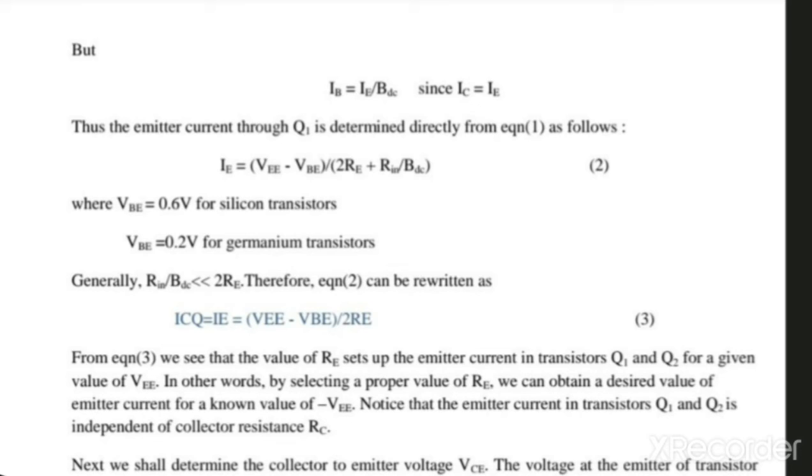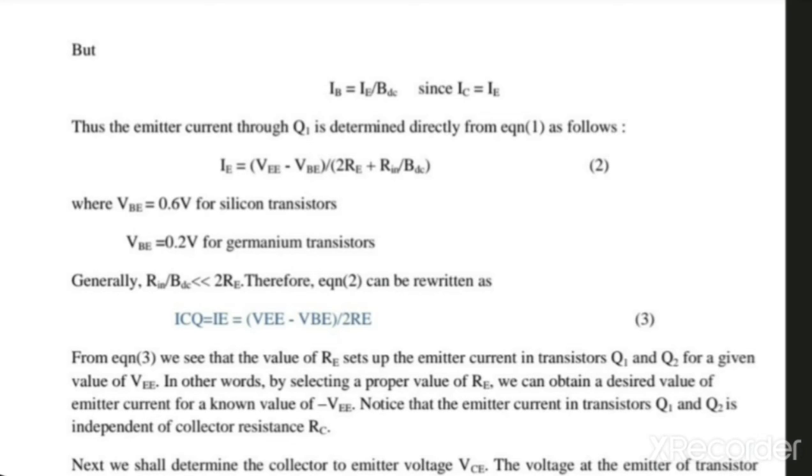Hence, R input divided by BDC is much less than 2RE, and equation 2 can be written as IE is equal to VEE minus VBE divided by 2RE. Since IE is almost equal to IC, we can write IC is equal to VEE minus VBE divided by 2RE.